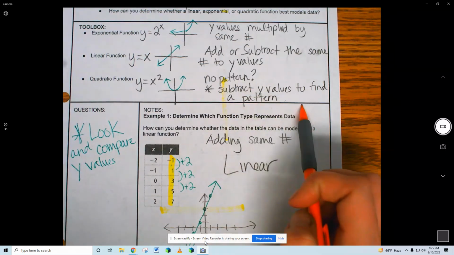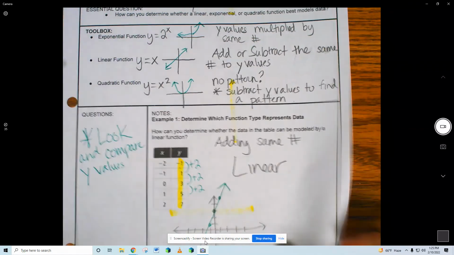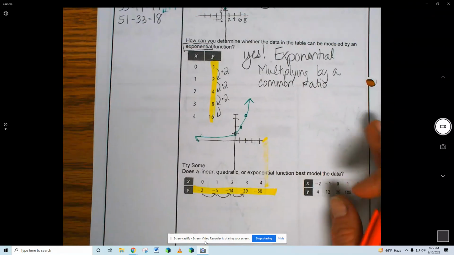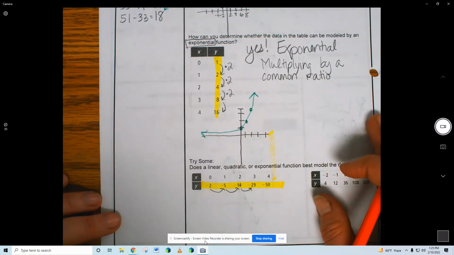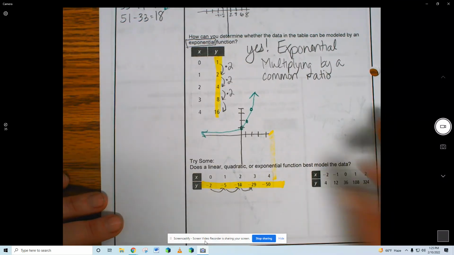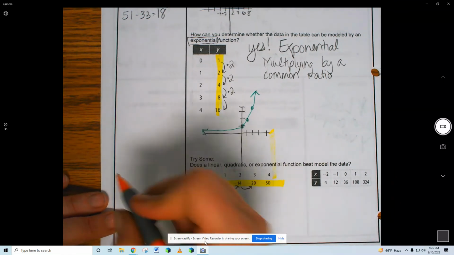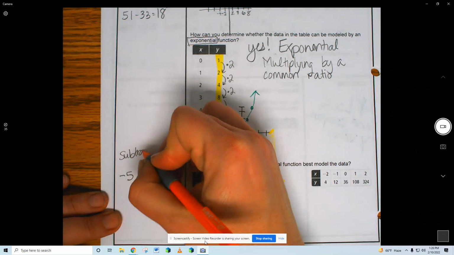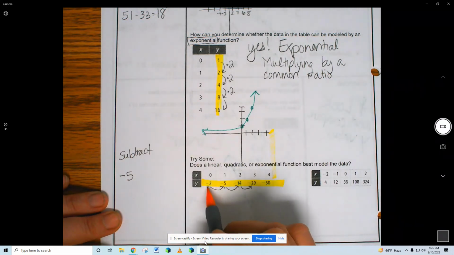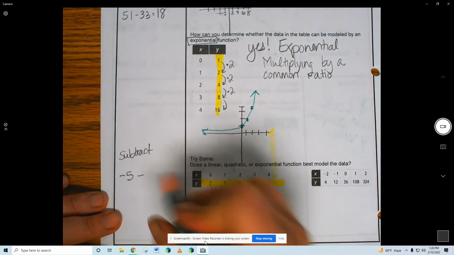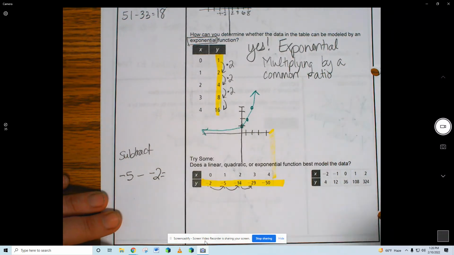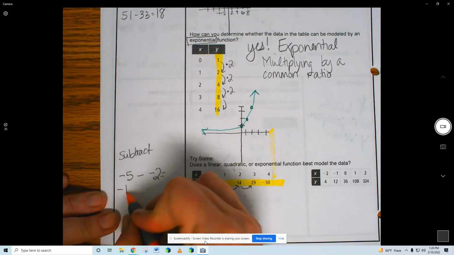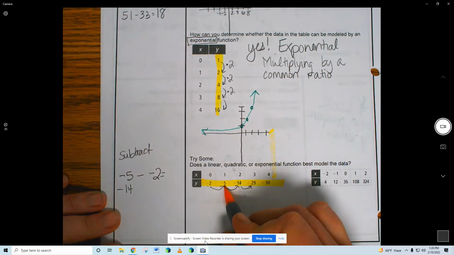Subtract the y values to find a pattern. Okay. Negative signs, be careful, people. -5 minus -2. Be so careful. Negative 14 minus negative 5.